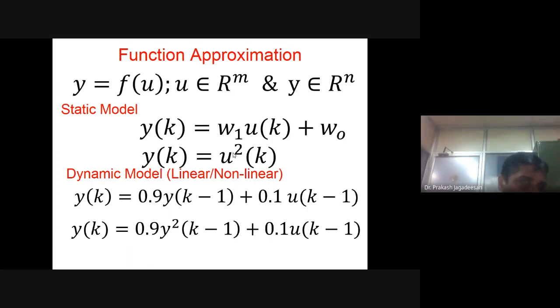You have to give inputs, and then the system will respond to that input, and the sensor output has to be interfaced with the personal computer through a suitable data acquisition card and so on. So a data acquisition system is basically required to acquire the data from the physical system.